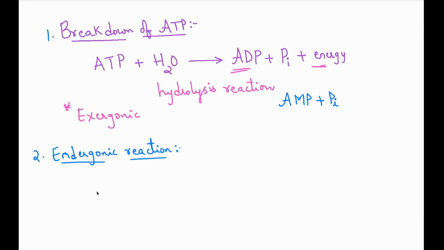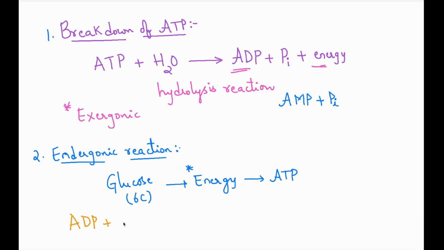Now, as we discussed initially, in cellular respiration, the 6 carbon compound glucose is broken down to release energy. So, glucose is broken down in a series of metabolic steps to release the energy that gets stored in the form of ATP. Now, for ATP to form, this is the reaction. So, ADP plus an inorganic phosphate.